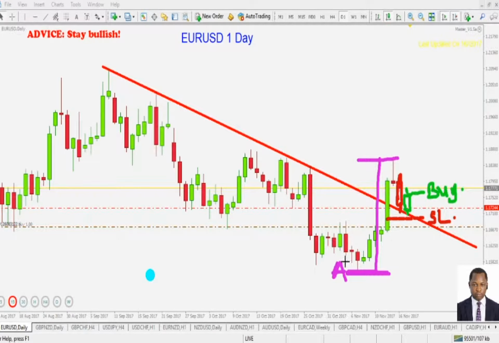Let's call this point B. The projection here is that, to the pullback aspect right there, let's assume that's where the pullback ended, to the upside.